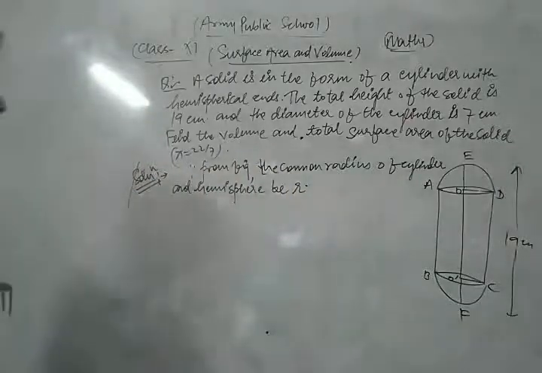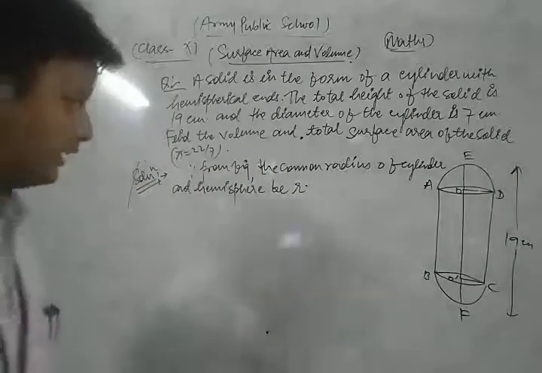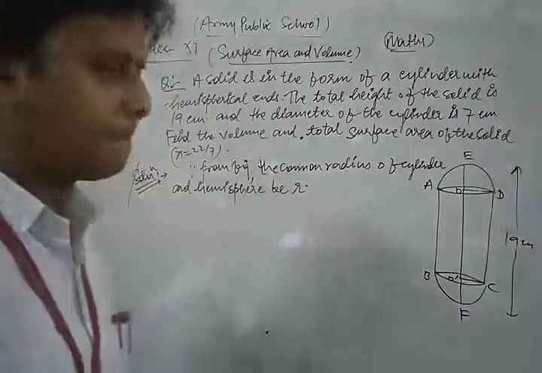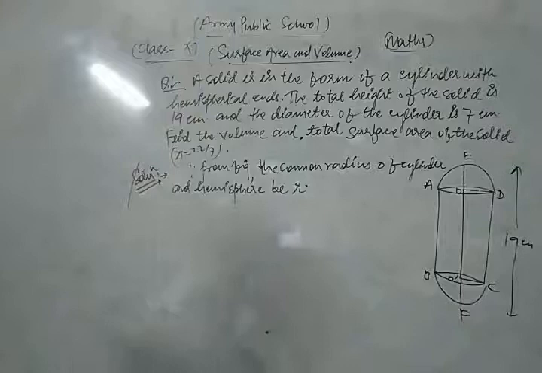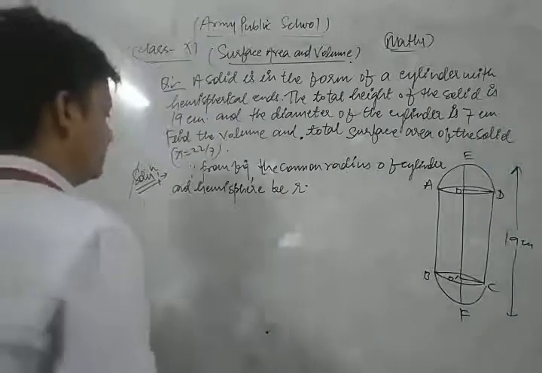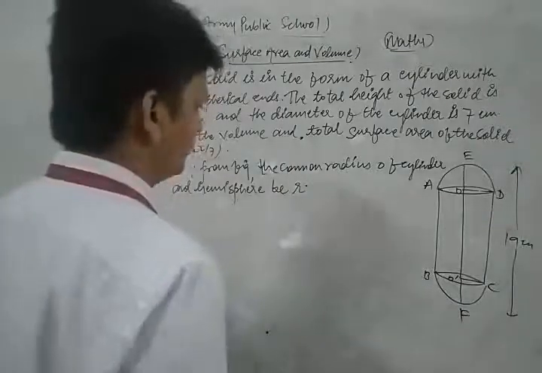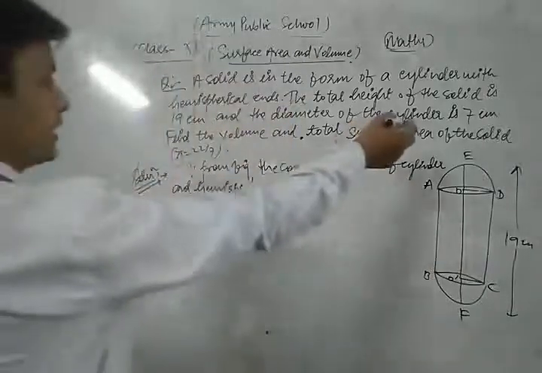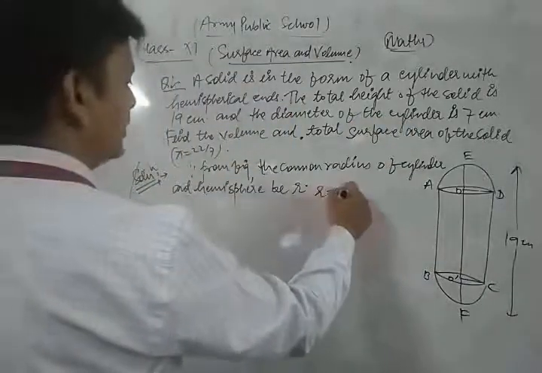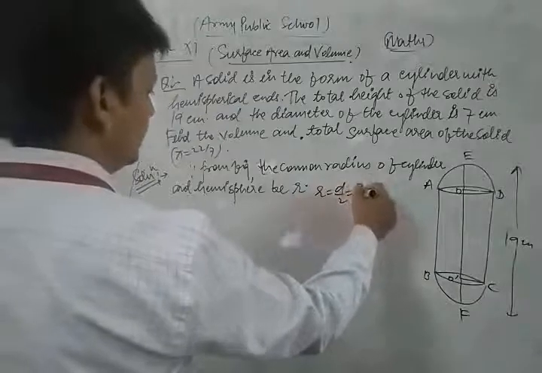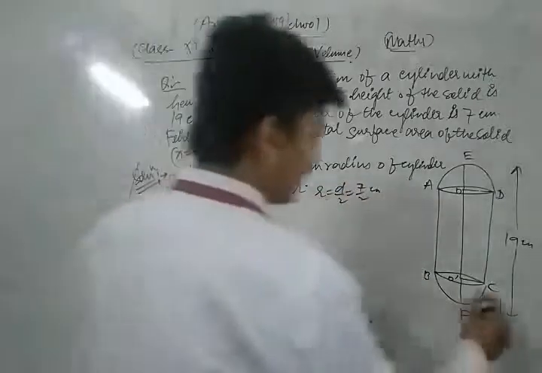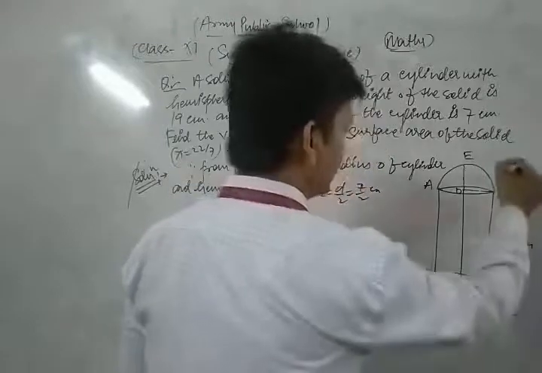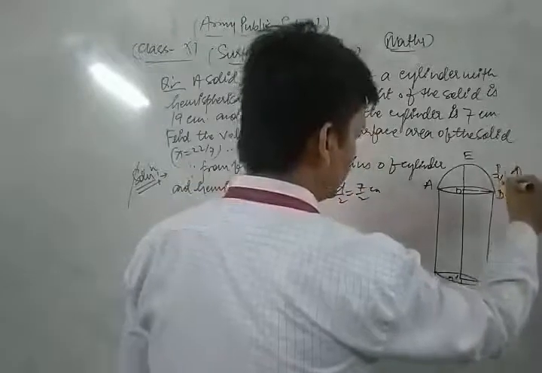The diameter is given as 7, so the radius is D/2, which means 7/2 centimeter. This is 7/2, and this is also 7 by 2 centimeter.